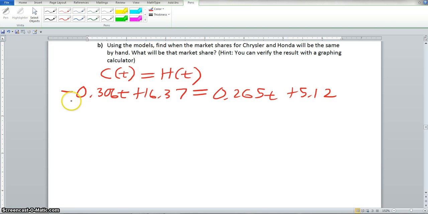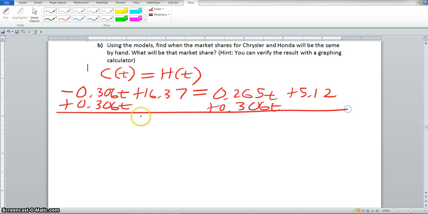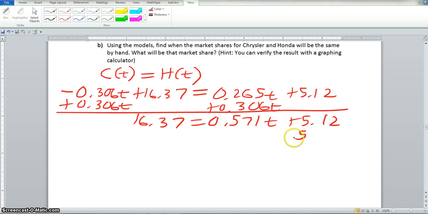Now, we can add 0.306 t on both sides. This will give us 16.37 is equal to 0.571 t plus 5.12.